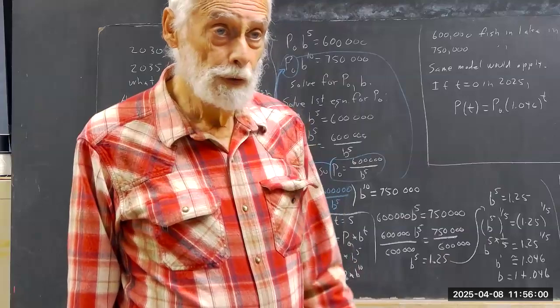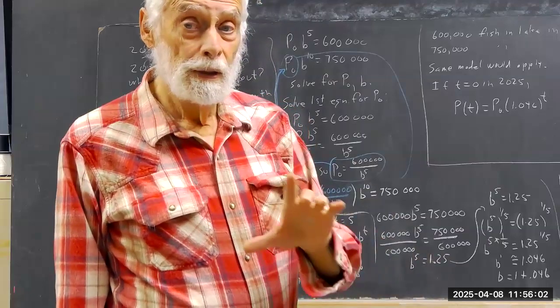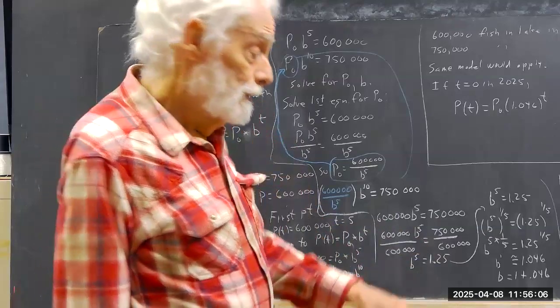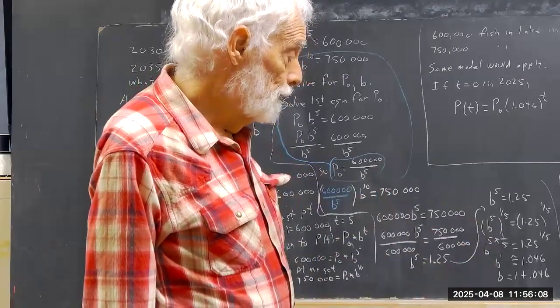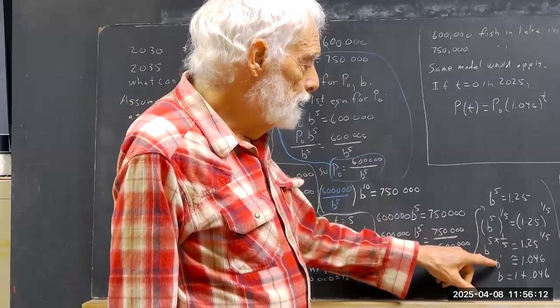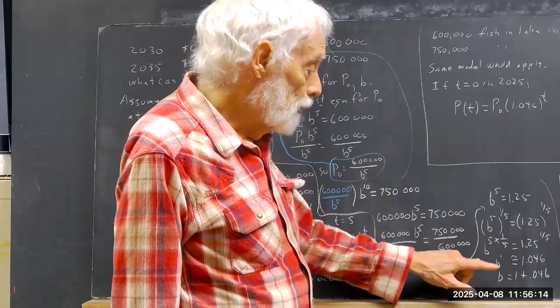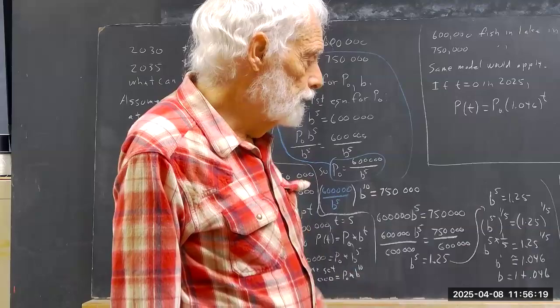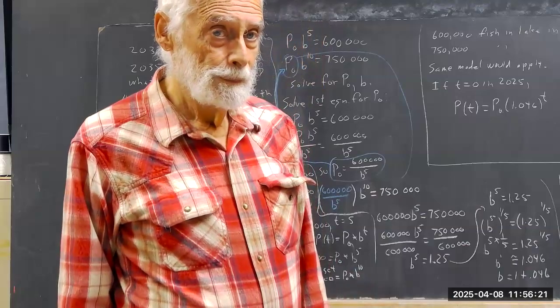It's one of our basic rules of exponents, and it's very important in this chapter. Be sure you understand how that works. Anyhow, that's going to give us b to the 1, which is just b. So now we solve for b. All we have to do is evaluate 1.25 to the 1/5.